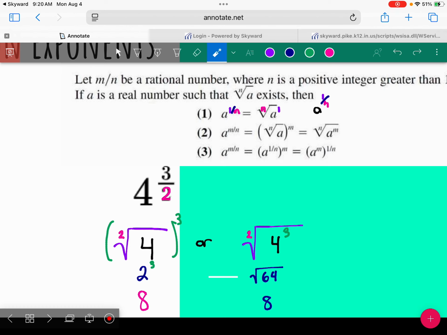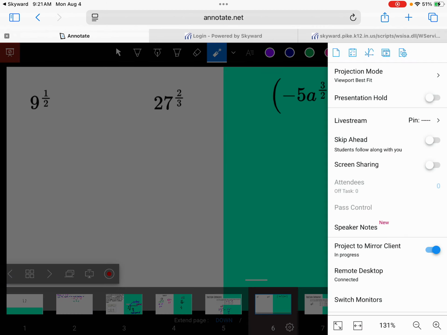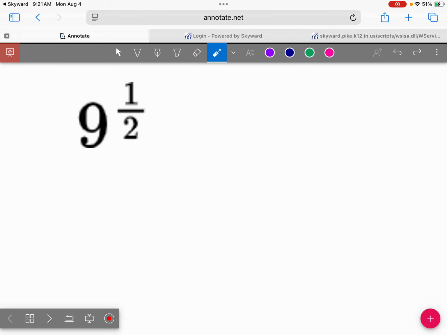Okay, we're going to practice a few more of these, taking our fractional exponents and writing as a radical, and then simplifying as much as we can. So we got 3 of them up here. We've got 9 to the 1/2 as our first one.